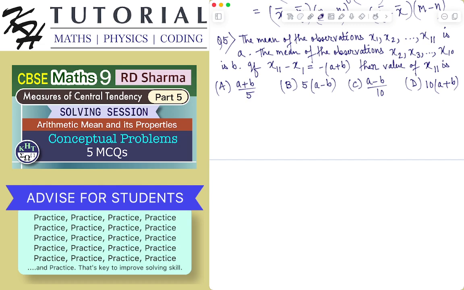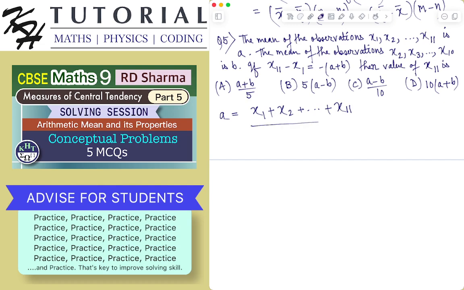The mean of the observations x1, x2, up to x11 is A. So mean is equal to the sum of the observations, x1 plus x2 up to x11, divided by the number of observations. How many observations are there? There are 11 observations.